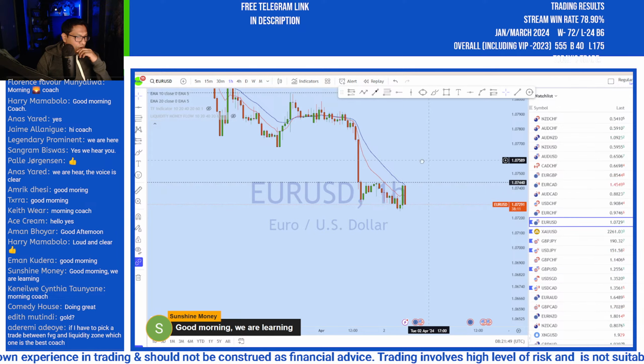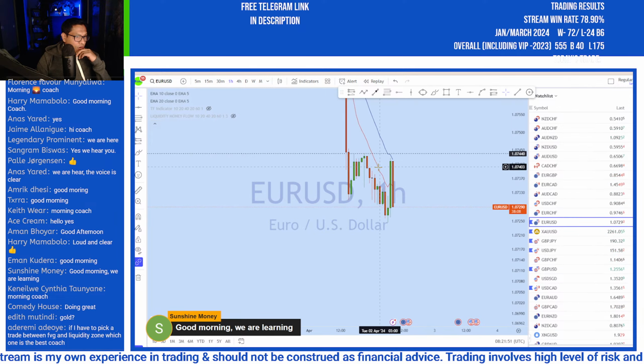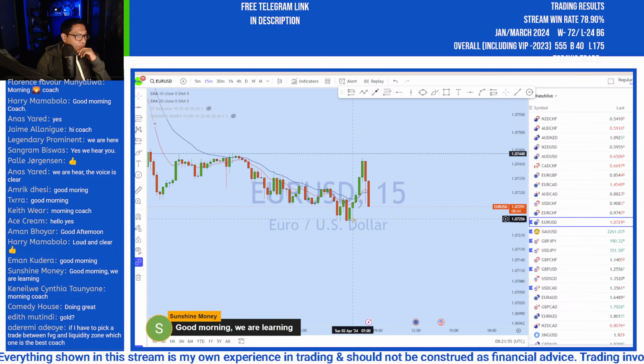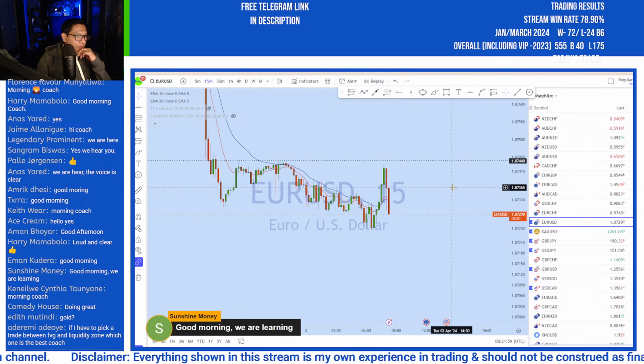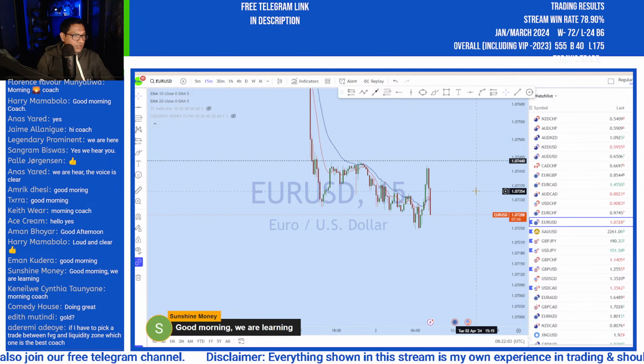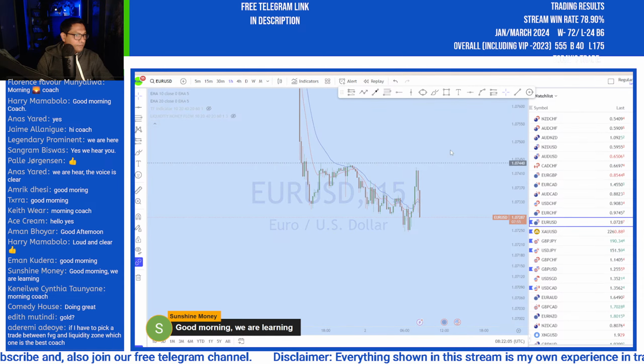This move on euro dollar has got a rejection to the upside, which I think is a fake move, and as a result we have seen immediate rejection from that resistance level.